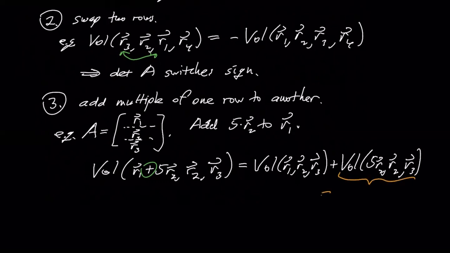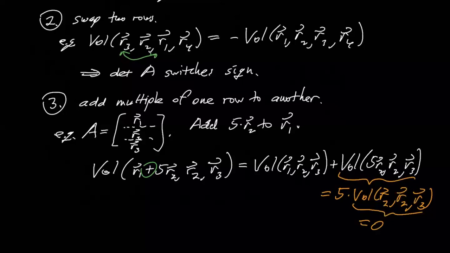We've scaled a row, so that's 5 times the volume formed by R2, R2, and R3. Make sure that's really clear that these are the same subscript, R2, R2. What we said with these volume properties is that if two of the vectors are the same, then you don't really form a volume at all. You just get a volume of 0. So in fact, this right here has volume 0.